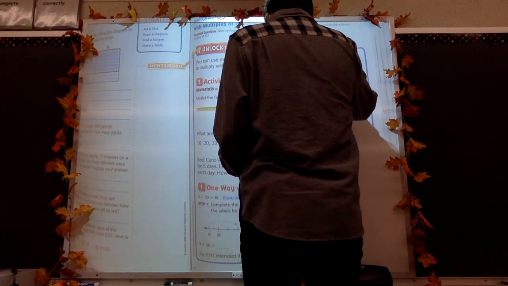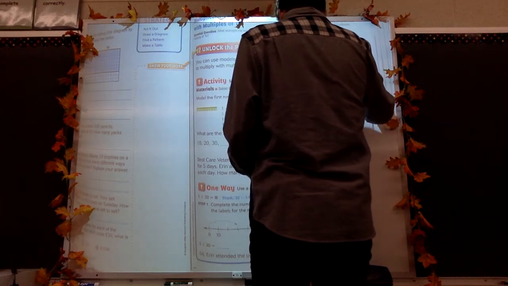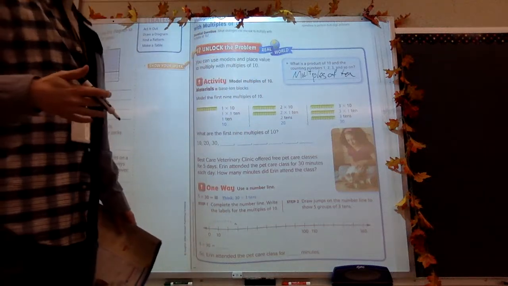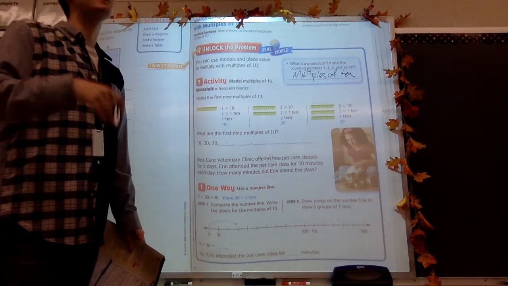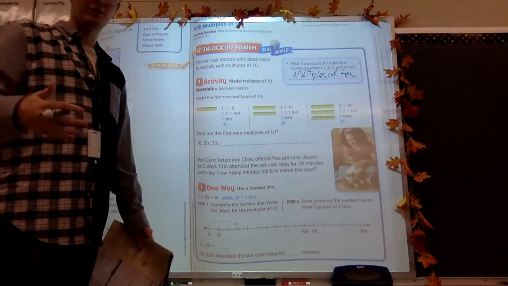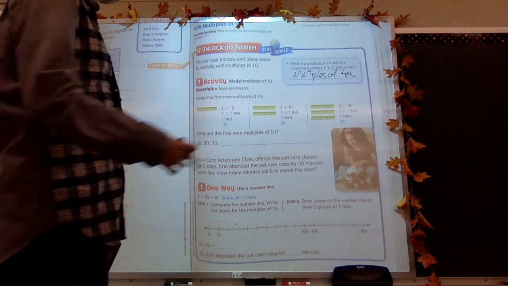Multiples of 10. When we count by tens, those are multiples, or numbers that end in 0 like that. So 20, 30, 40, 50, 60, and so on and so forth.